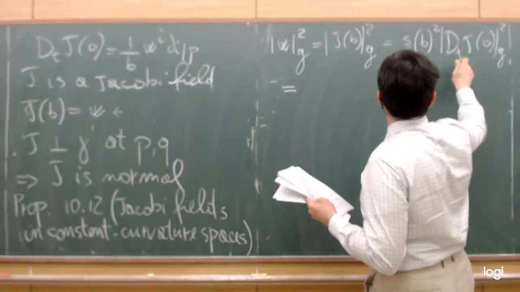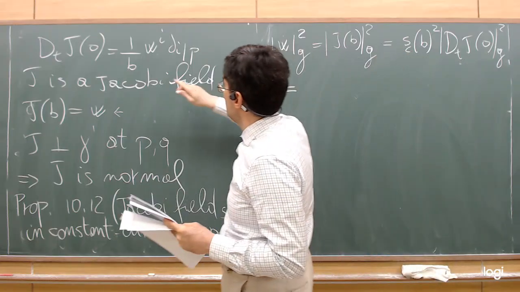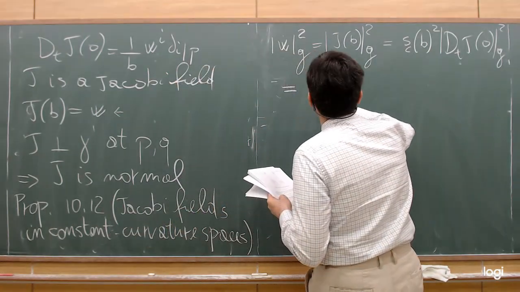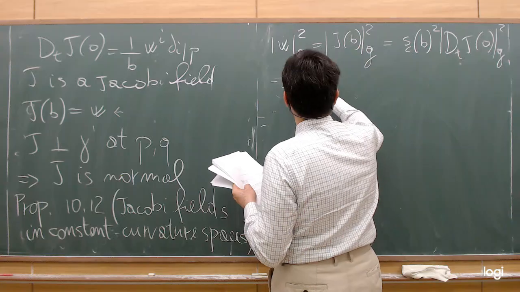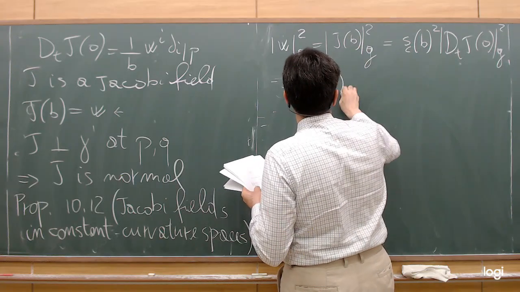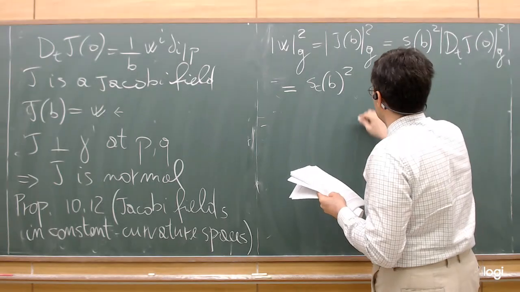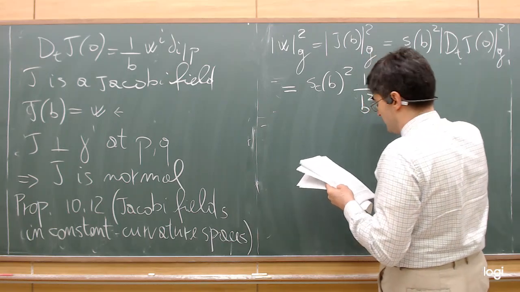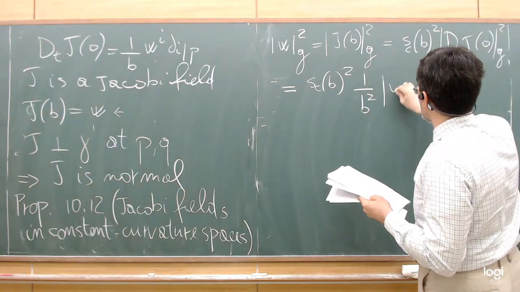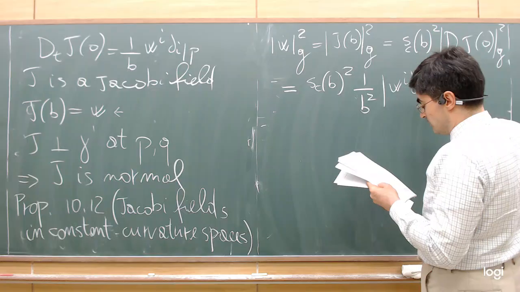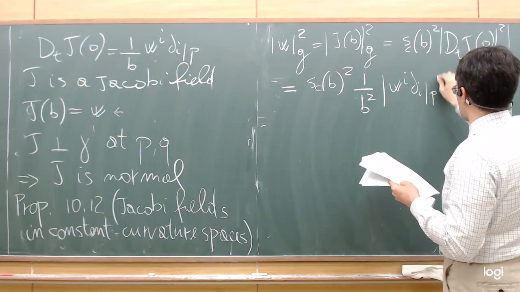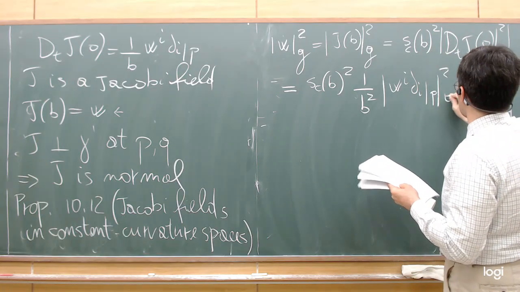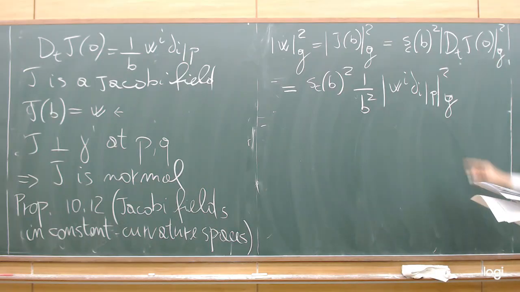But the derivative is here. So this is sc_b squared times 1 over b squared, the length of this vector squared.